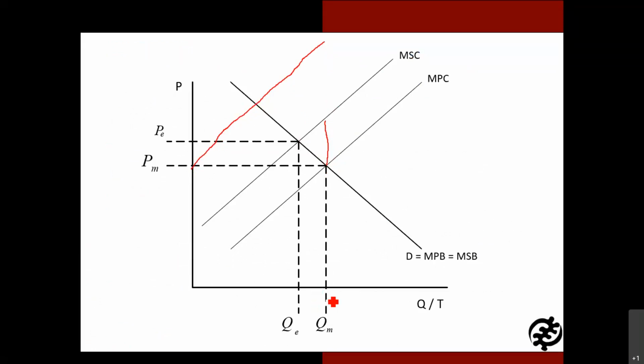Remember, this is an overproduction deadweight loss here. But if you get the measurement of the damages wrong, you could generate a bigger underproduction deadweight loss than you can an overproduction deadweight loss.